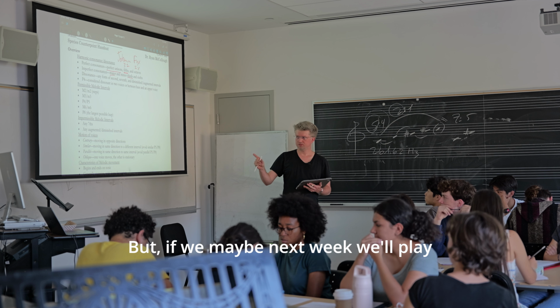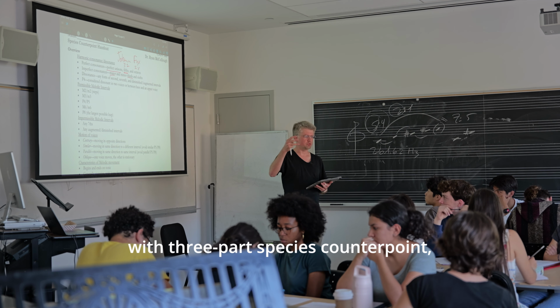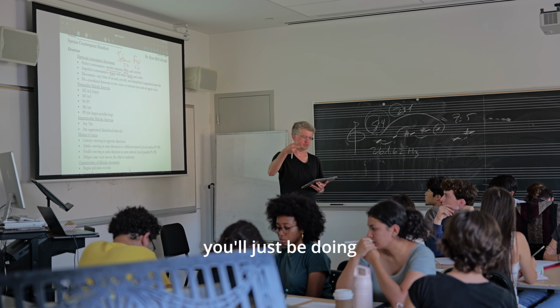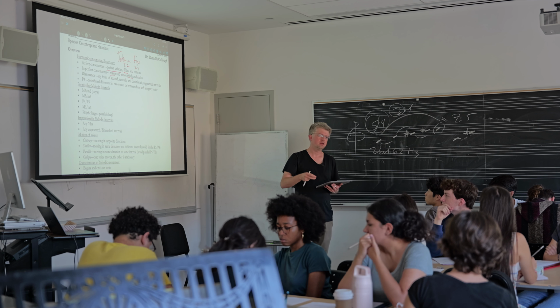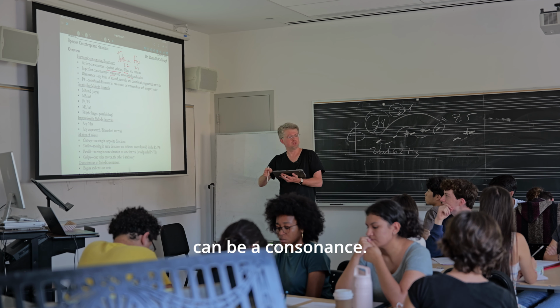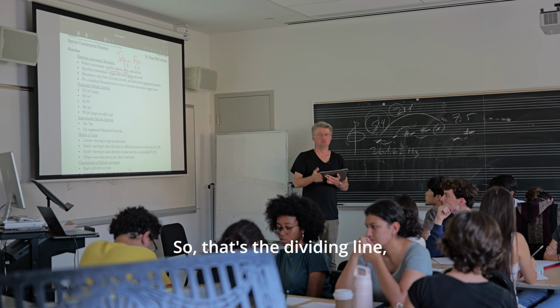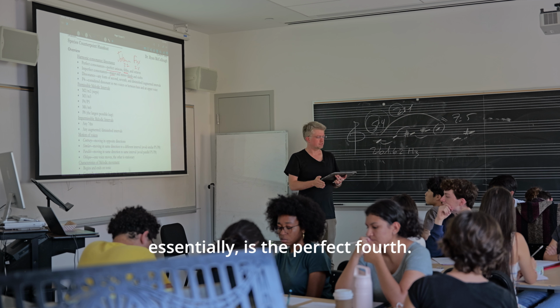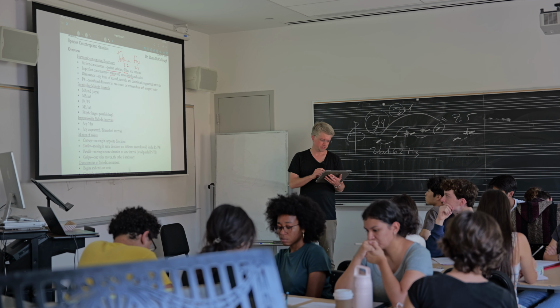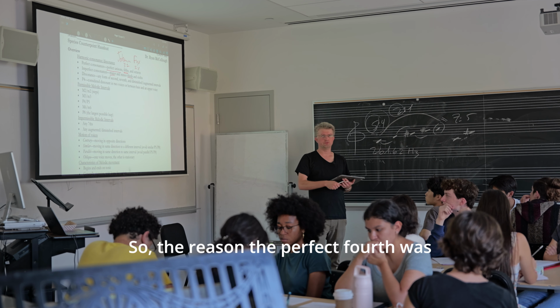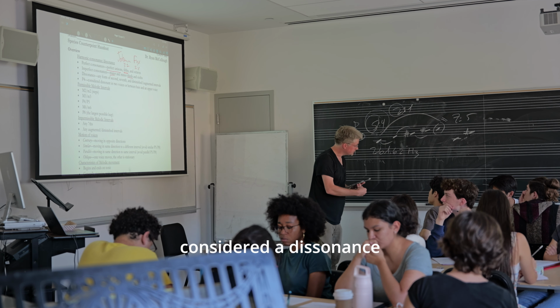But maybe next week we'll play with 3-part species counterpoint, you'll just be doing 2-part for next week, then it's possible it can be a consonance. So that's the dividing line, essentially, the perfect fourth. The reason the perfect fourth was considered a dissonance in the 17th century is, maybe I'll write it up here, the perfect fourth is thought of as a major third in distress.